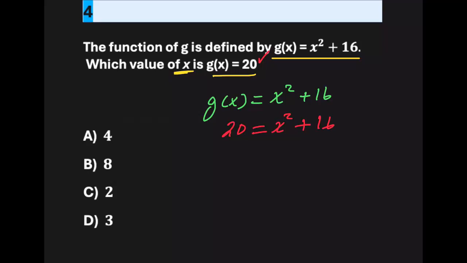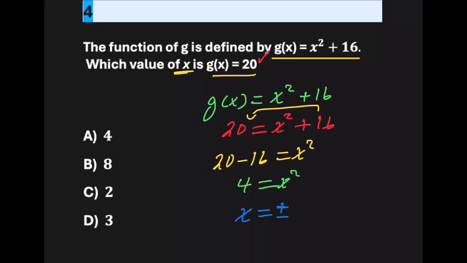We're going to take the 16 over to the left, and we have 20 minus 16 is equal to x squared. That gives us 4 is equal to x squared. And x is equal to plus or minus the square root of 4, so x is equal to plus or minus 2. And since the multiple choices are all positive values, the answer is right here.